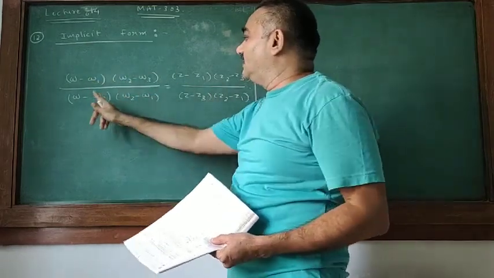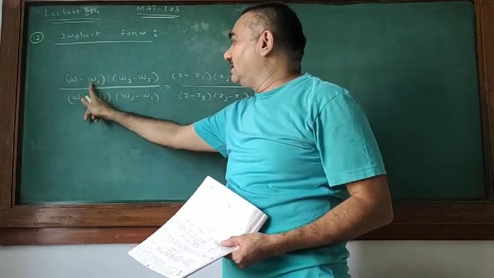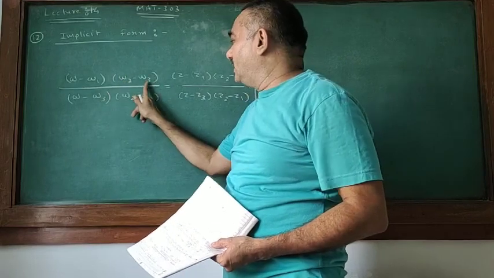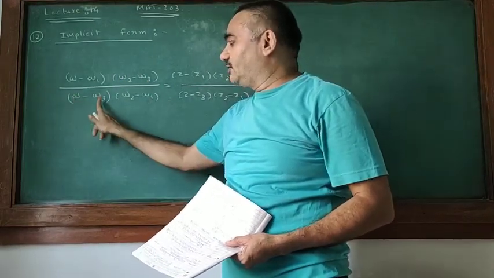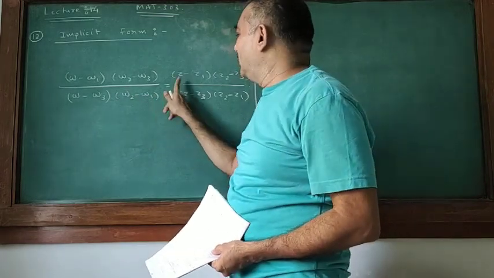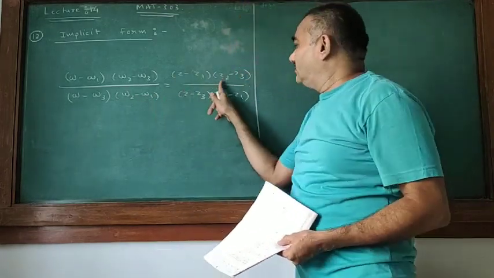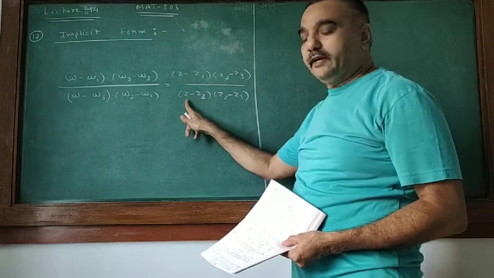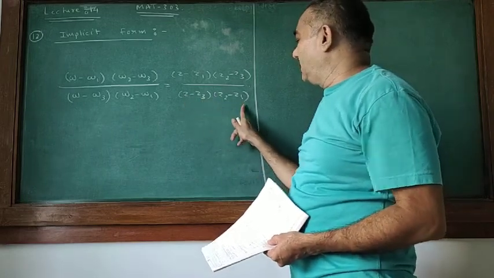The formula is (omega minus omega 1)(omega 2 minus omega 3) upon (omega minus omega 3)(omega 2 minus omega 1) equal to (z minus z1)(z2 minus z3) upon (z minus z3)(z2 minus z1).